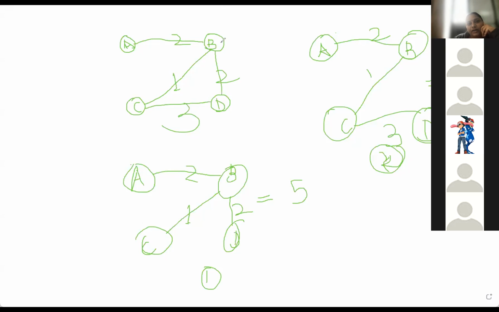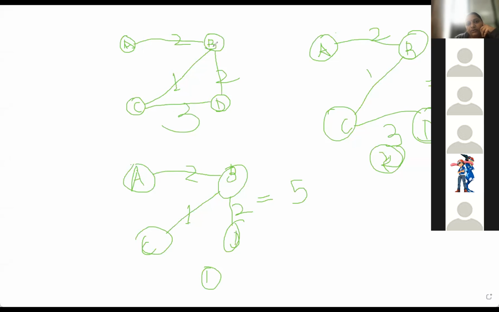And then I again compare here. Okay, B to A we have taken 2 and then we considered the minimum value which is there and not forming the cycle.